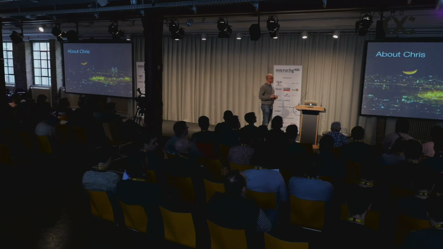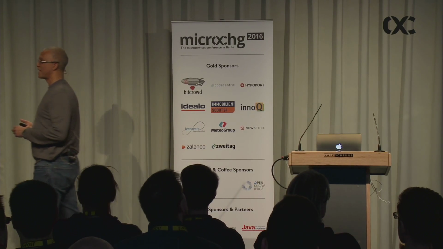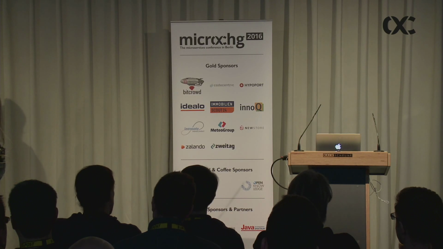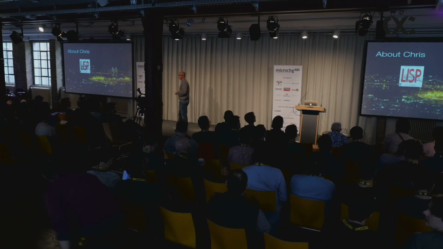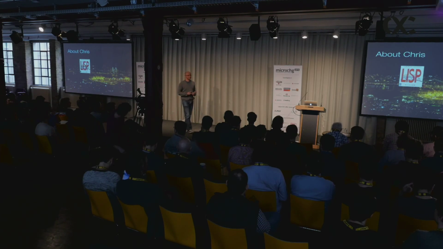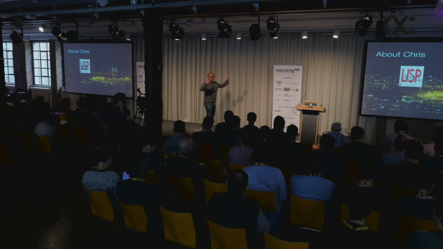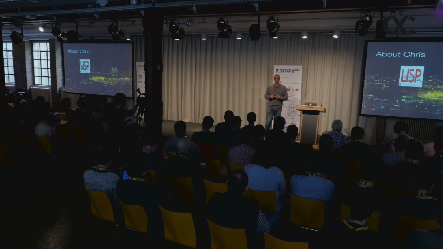So, for those of you who don't know me, I'm Chris Richardson. I was born in England, but I've lived in the San Francisco Bay Area for the past 25 and a bit years. I got my start in programming back in the mid to late 80s, building Lisp systems, runtimes, compilers, garbage collectors, all the way up to GUI IDEs and the like, back when machines only had 8 megabytes of memory.